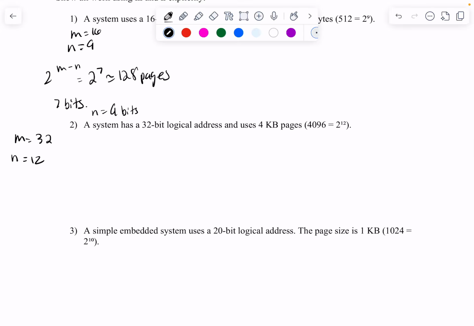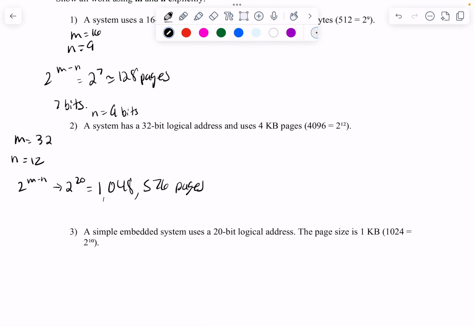And if we're going to figure out what our number of pages would be, this is going to be again 2 to the power of m minus n, or 2 to the 20th. And that's going to be about 1,048,576 pages. That's a lot of pages. So there you go. You got your m, you got your n, you got your page numbers as well.